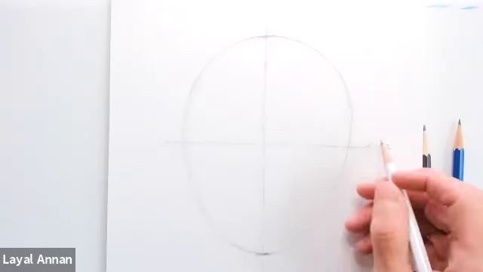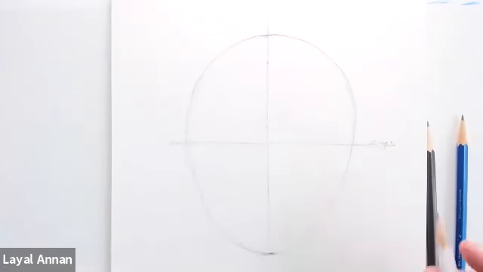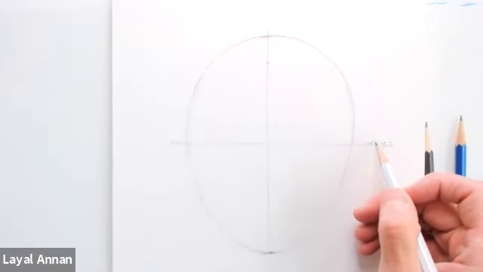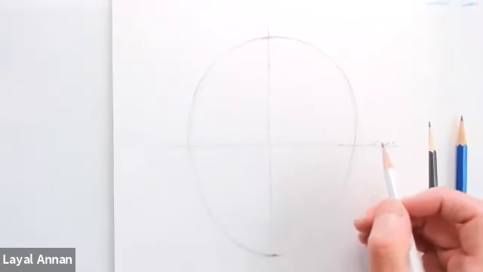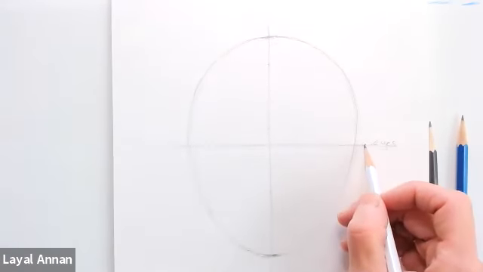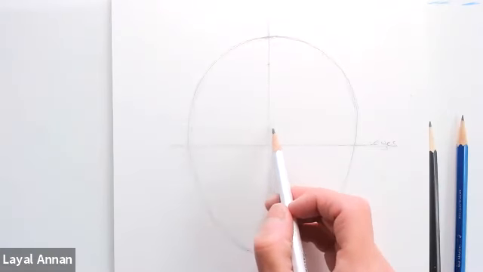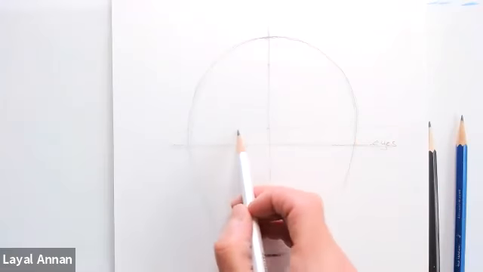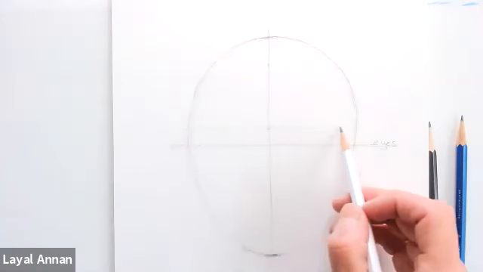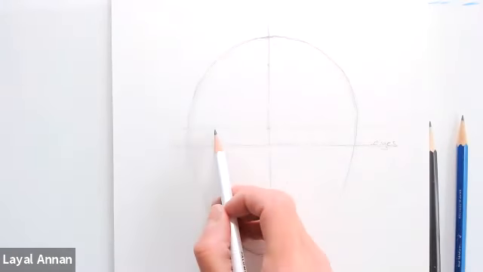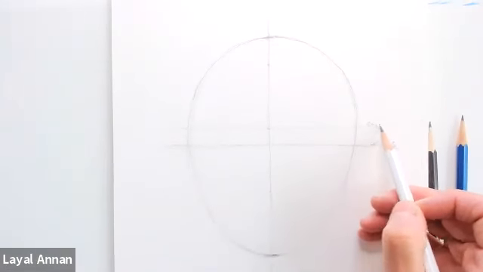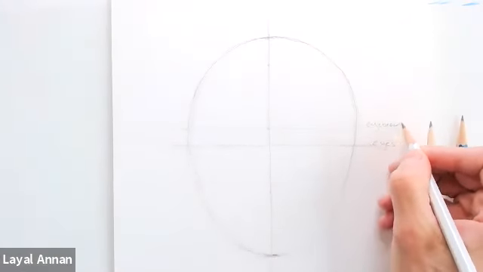Now, halfway where I have the line, this is where the eyes are. Now, draw roughly, I would say, 1/2 inch above, and that would be the line where the eyebrows are. So this is the eyebrows.